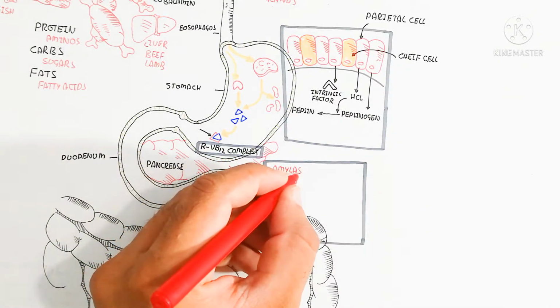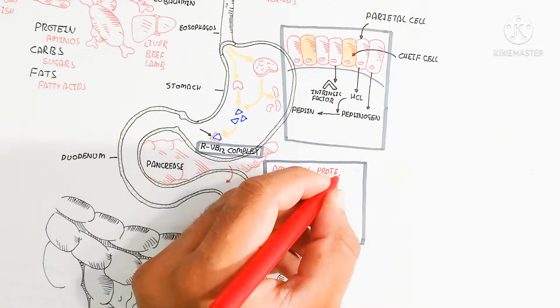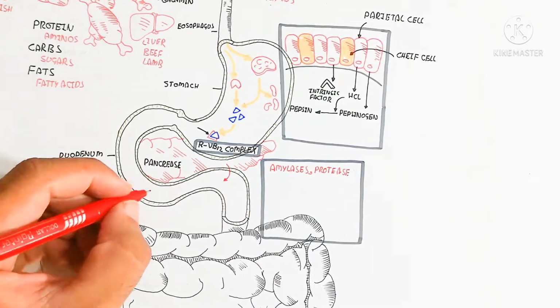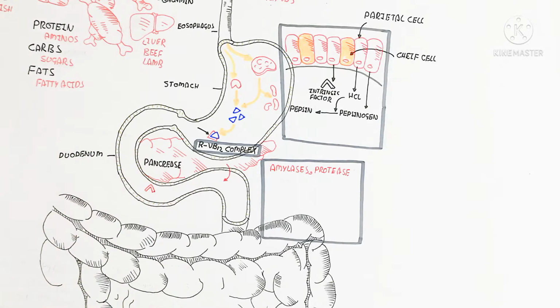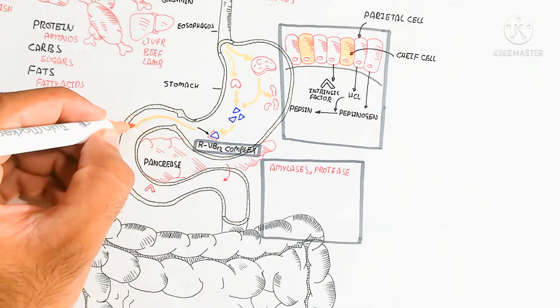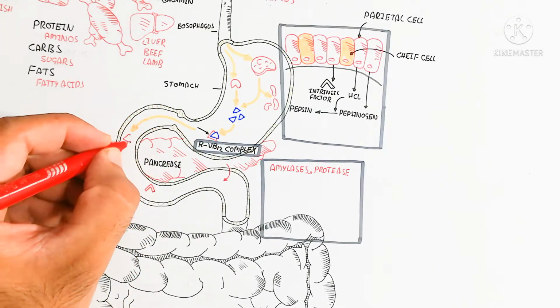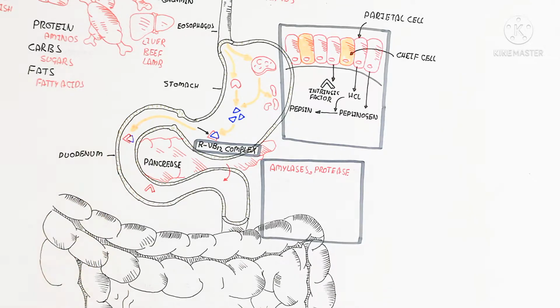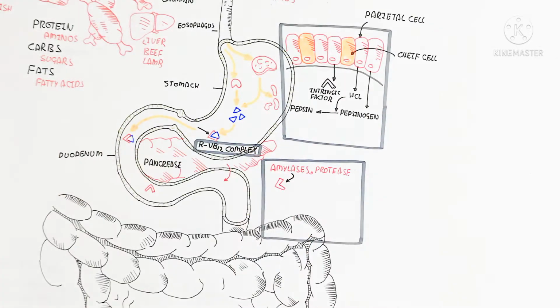The pancreas produces amylase and protease, which in the duodenum dissociate the vitamin B12 complex from the haptocorrin, and the intrinsic factor is then free to bind.